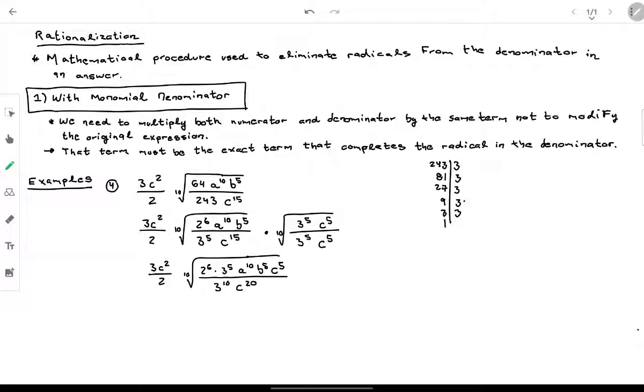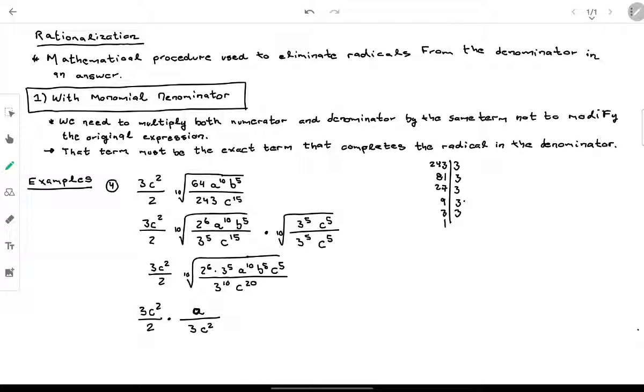So let's see. It's possible to take out something from the roots. And of course, on the bottom part, we will be able to take out a 3 and a c squared, because 20 divided by 10 is 2. On the top part, we can take out, in this case, an a.